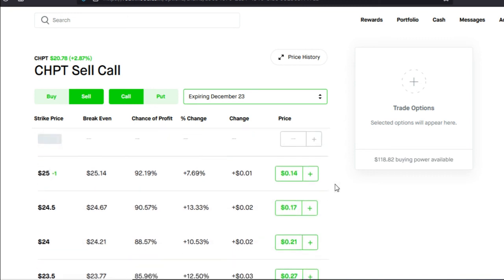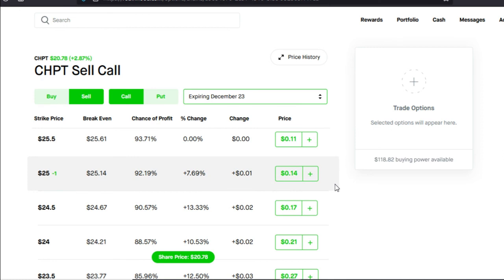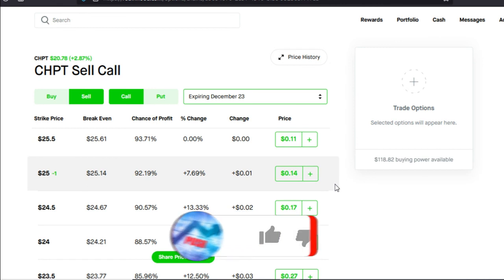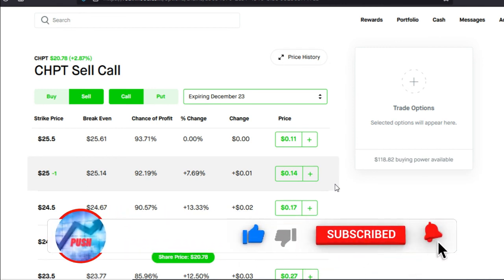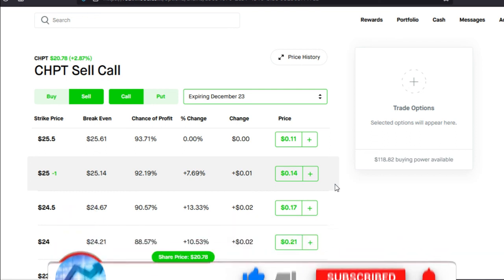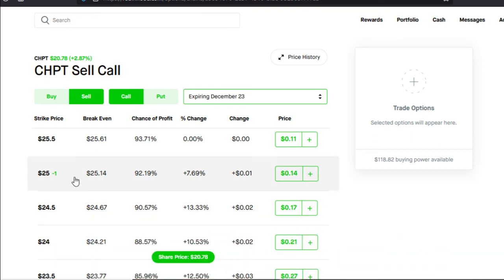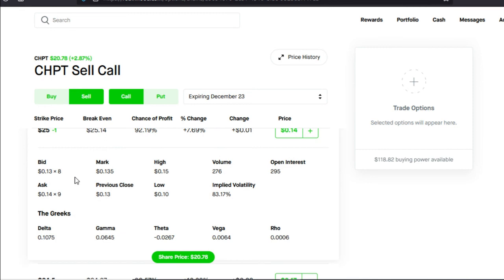Now that you've stuck around for so long, I will give you the bonus criteria that must be used in order for you to master options trading. That bonus criteria is going to be learning the Greeks. Now, in order for you to learn the Greeks, let's go into the strike price. Now, here you go. As a new option trader, this here would be your Greeks.